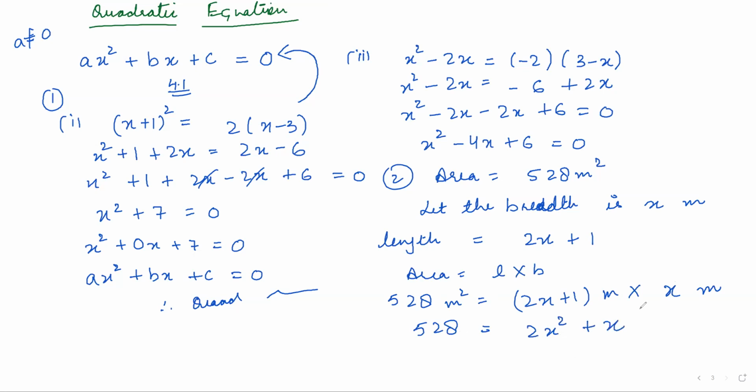Now you take this 528 on the other side. So 0 is equal to 2x square plus x minus 528. So that becomes your quadratic equation. At this stage, you don't have to solve it. If it is given that find the length and breadth, then you have to solve the quadratic equation also.